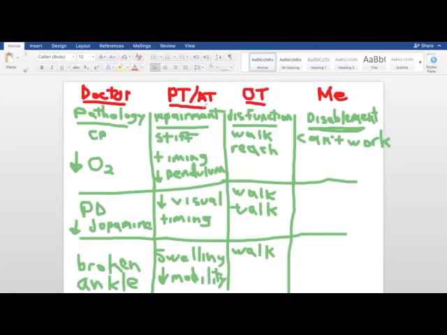And then once that PT is over, I mean, you have insurance. Insurance is going to give you PT for a couple of weeks. Once that PT bout ends, there could still be a problem with walking and reaching and all of these functions. Then those dysfunctions might make it so that they can't get on a bus, that they can't go to work. All right, then what do you do?